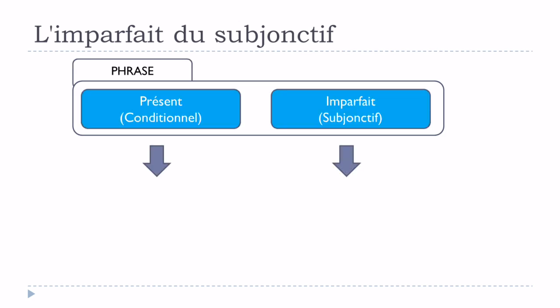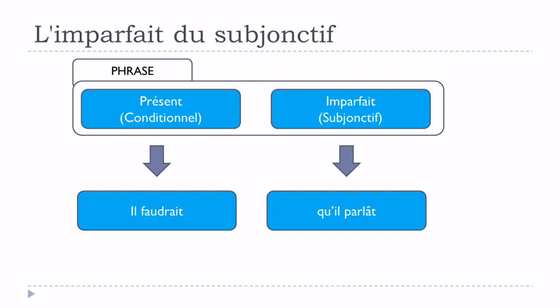If you would like to have this il faudrait qu'il parlât, as I said, it could be correct, but in most of the cases you won't see that anymore, okay, because people tend to use the previous example that I gave you, in which you've got in the principale le présent du conditionnel and in the subordonnée le présent du subjonctif.